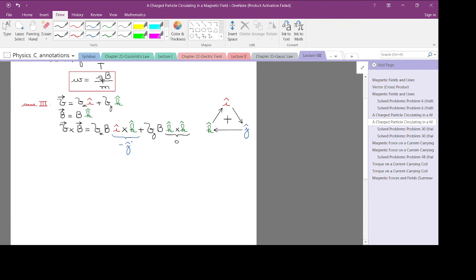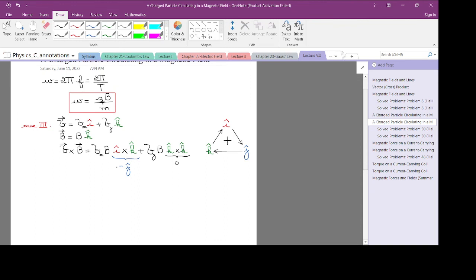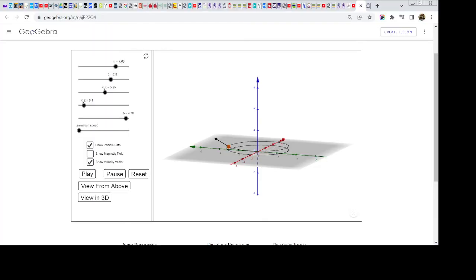So that's the point. If you see here, this is going to be negative, but since the particle is an electron for our simulation here, the force is still pointing inwards, not outwards.